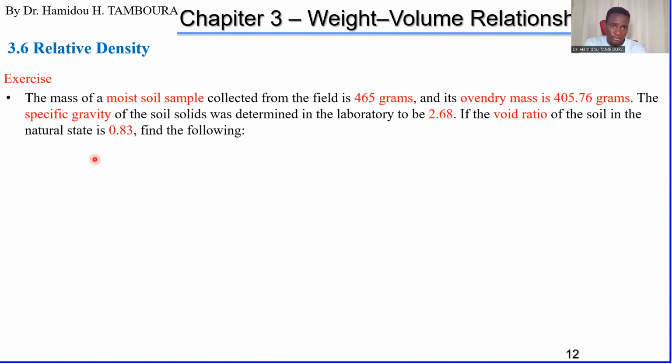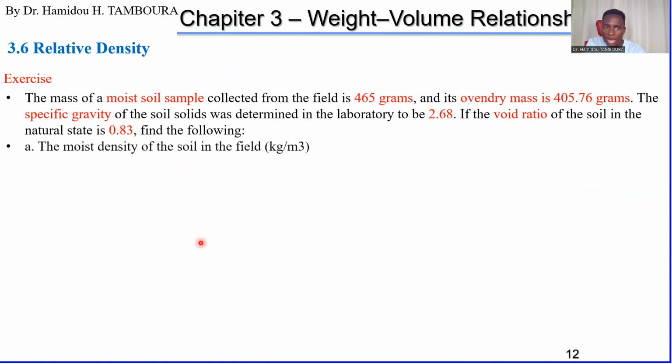Okay, the specific gravity of the soil solid, meaning the solid particles of the soil, is 2.68. The void ratio is 0.83.